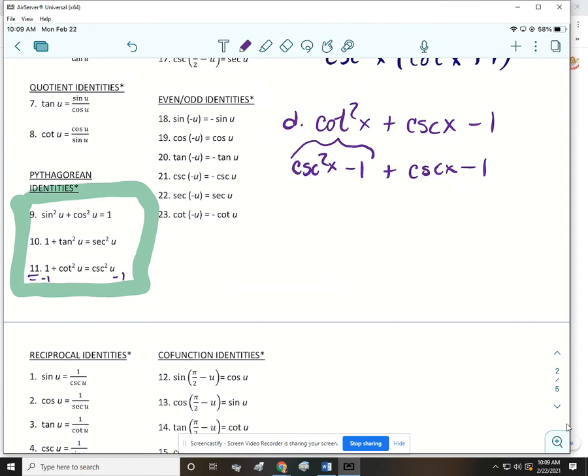All right, then I would combine my like terms. So the only like terms I have are these minus 1s. So now I am going to factor this like a trinomial.